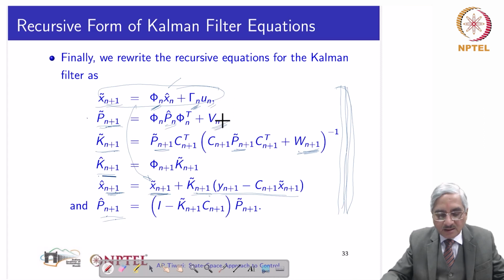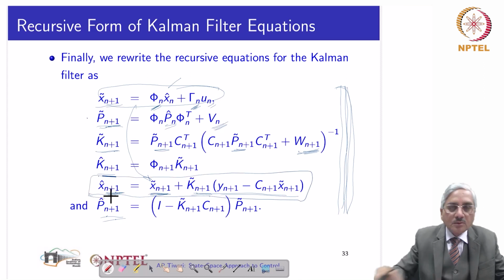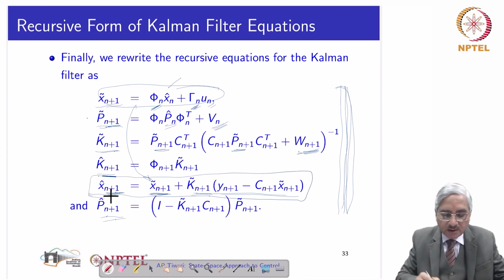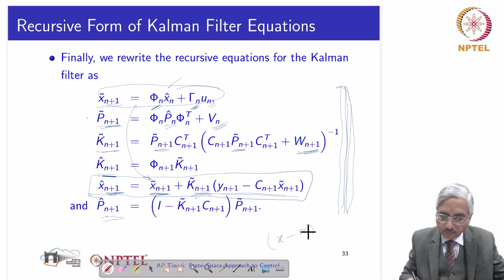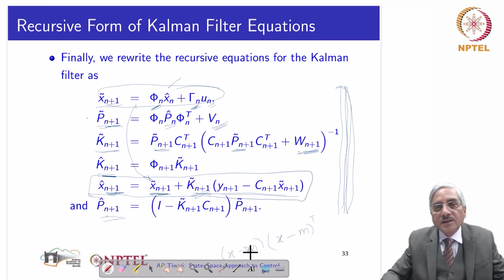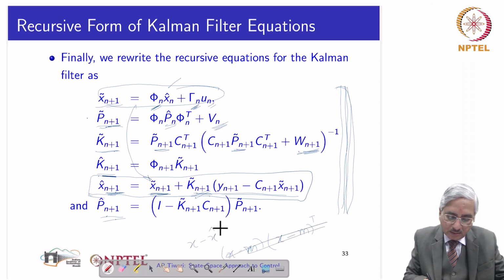So as I said, this form is very similar to the Luenberger observer. However, this Kn plus 1, the Kalman gain, is implemented in an optimal fashion and it minimizes the state error, x minus x hat into x minus x hat transpose.